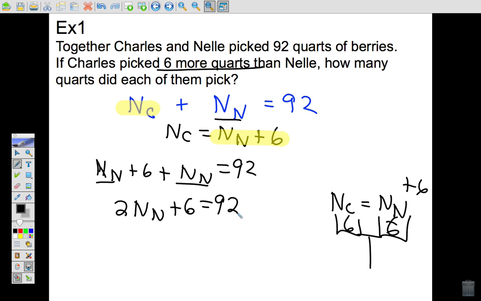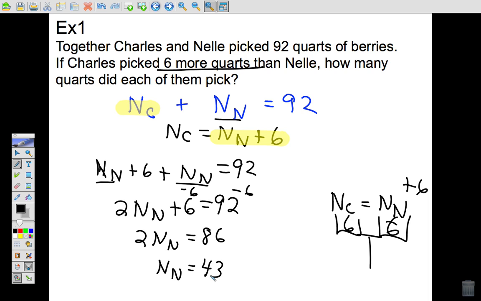Now I'll solve it. They're adding 6, subtract 6. I get 2NN is equal to 86. And then divide by 2. So half of 86 then would be 43. So the number of quarts that Nell picked was 43 quarts.